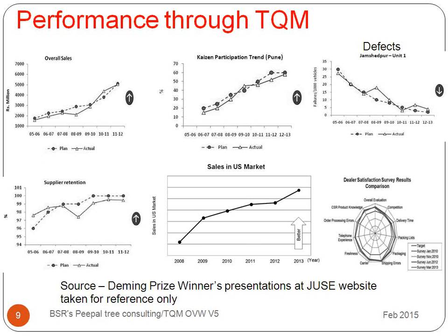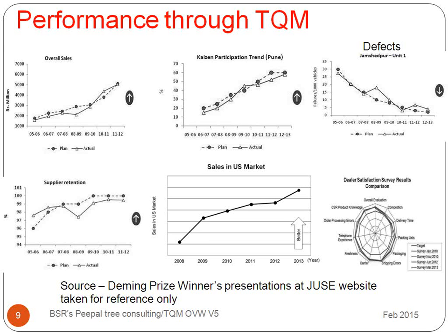To understand the results or effects of TQM, and what we meant by world-class performance, which is very differentiating from competition, you can see many of the graphs shown here across a spectrum of organizational effects, right from overall sales to sales in exports, to participation of people and how it is moving up, to defects and how they keep coming down over time, to supplier retention, and also to areas like dealer satisfaction surveys and so forth. A spectrum of organizational results is what we see here.